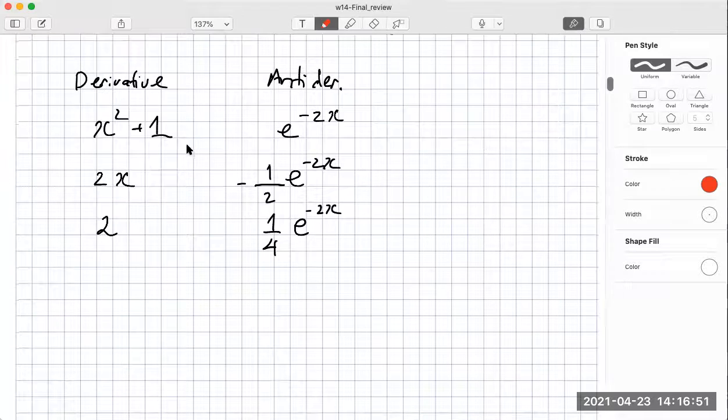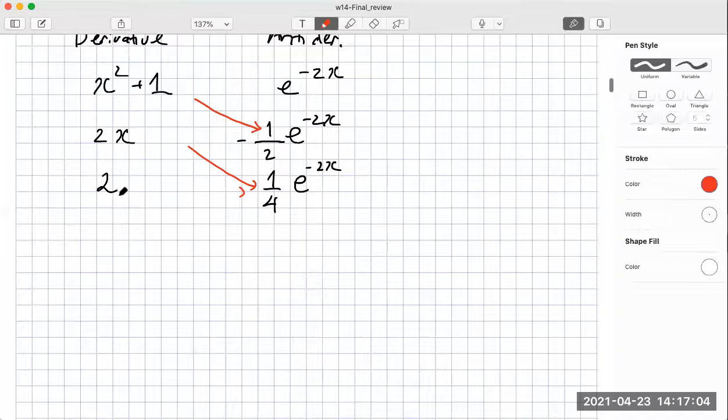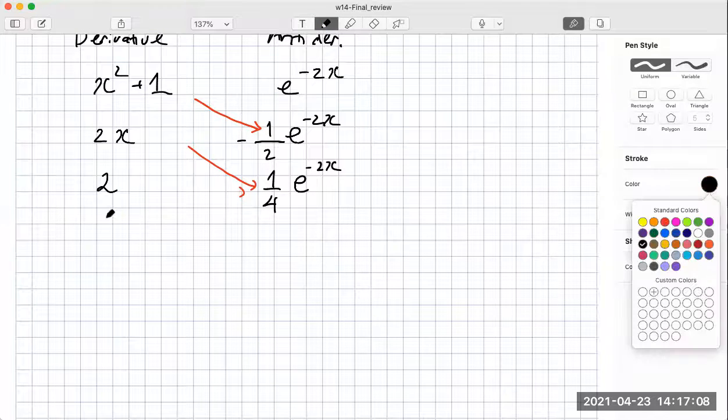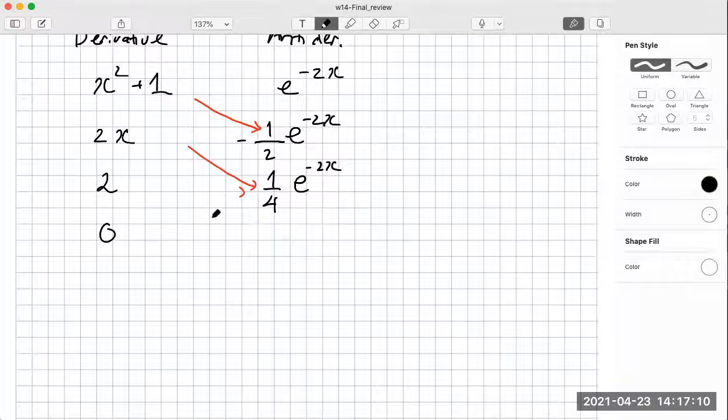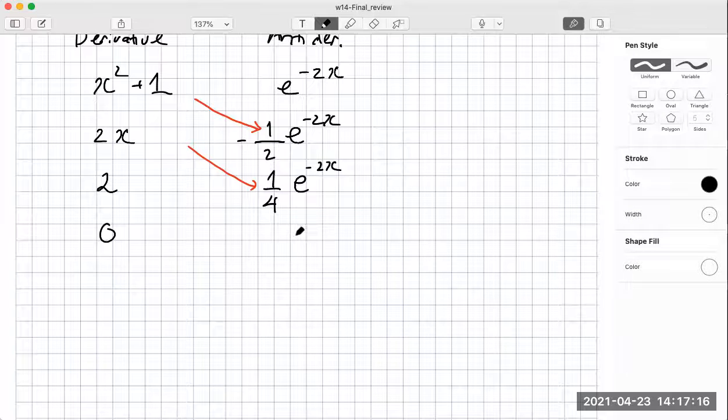Okay, anyway, now remember the rule is that multiply this guy, multiply this, and the last one will multiply this side. If you do it one more time, what is derivative of 2? 0, right? And here, what is antiderivative of this one more time?